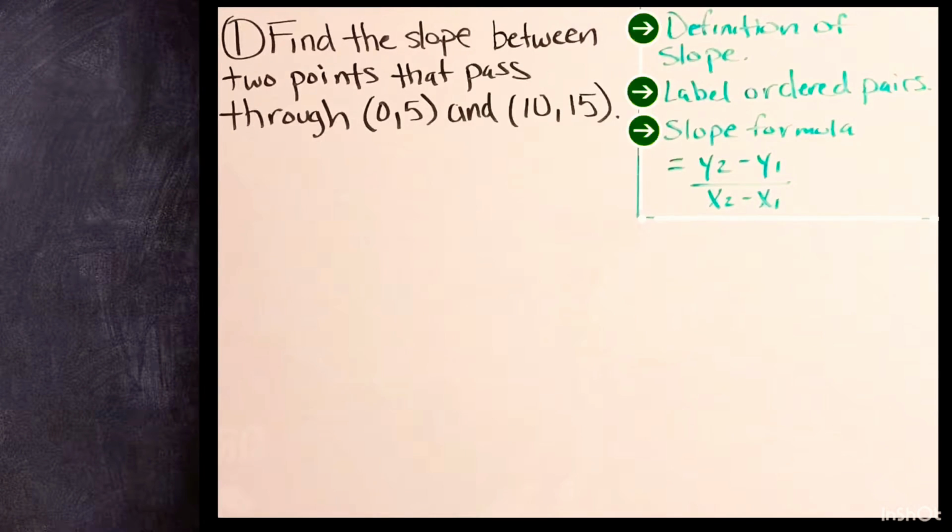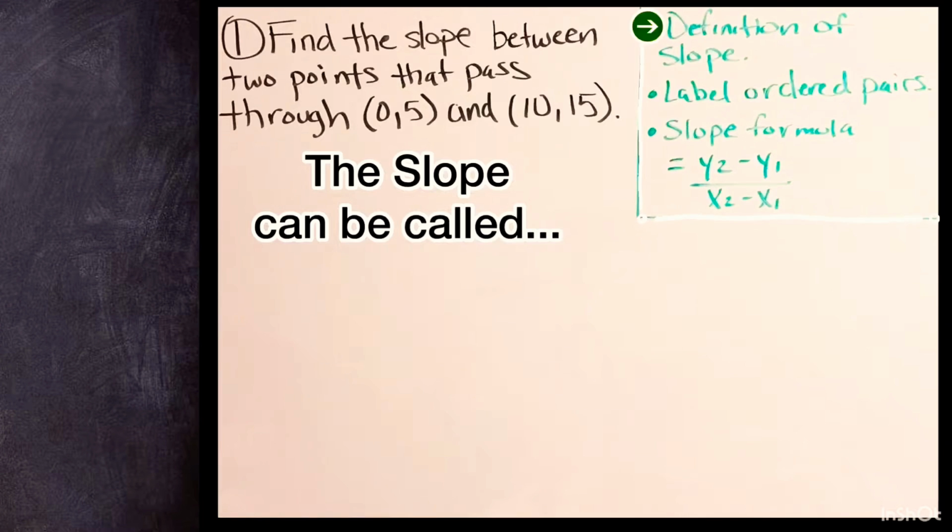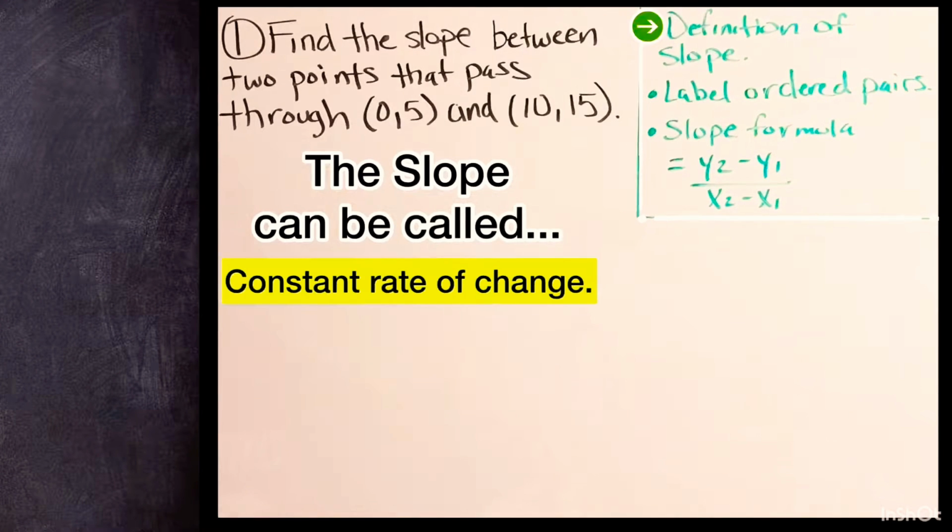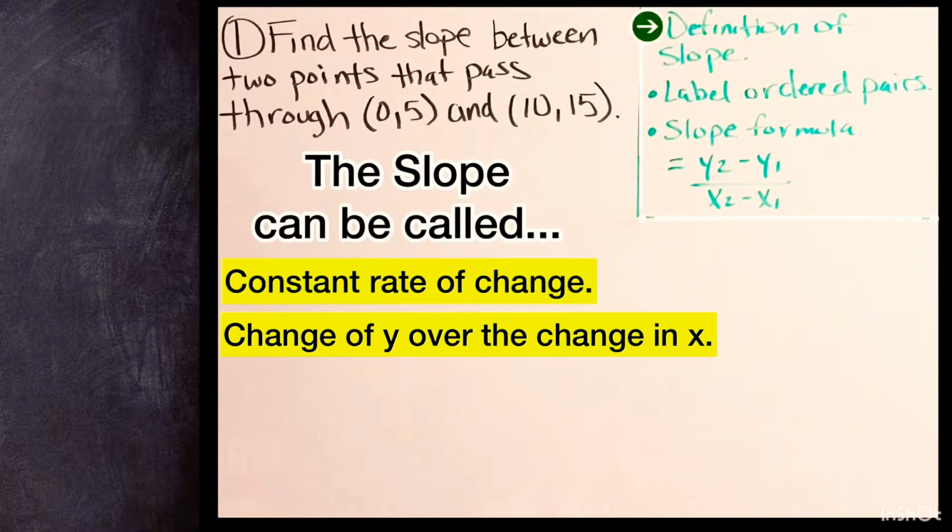The first is, what is the definition of a slope? The funny thing is that when you're in your math class, you're probably going to hear a lot of different words used to describe this word slope. You'll probably hear constant rate of change, the change of y over the change in x, rise over run, unit rate.